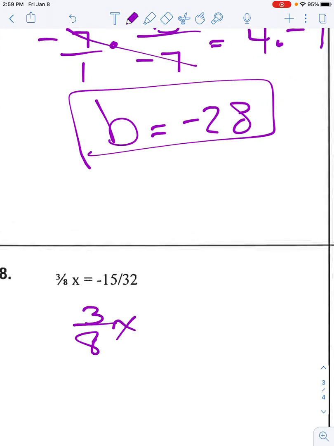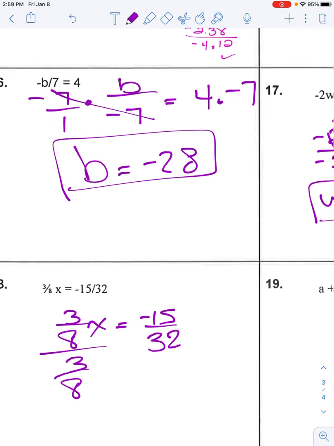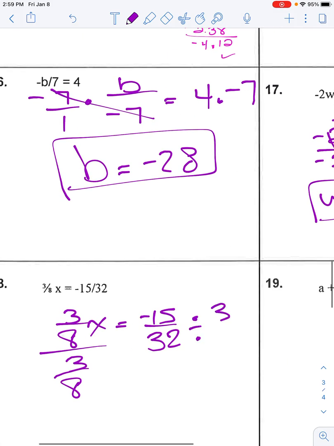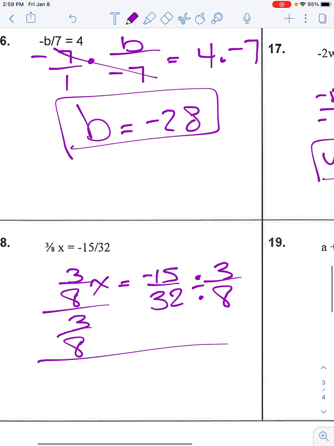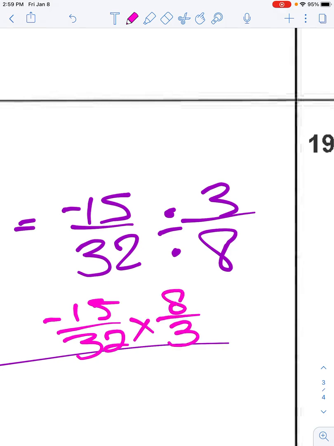Okay. Number 18, I'm going to rewrite 3/8 times x equals a negative 15 over 32. On the left, that says multiply, so I'm going to divide this side by 3/8. And I'm going to divide this side by 3/8 to get that x by itself. And we know that we don't divide fractions, we keep it, switch it, flip it. I just chose a different color so it's easier to see.